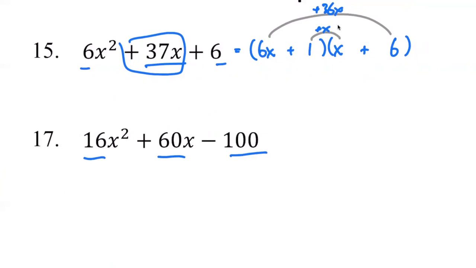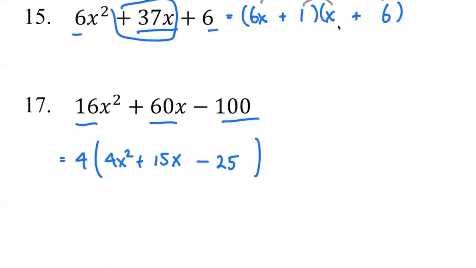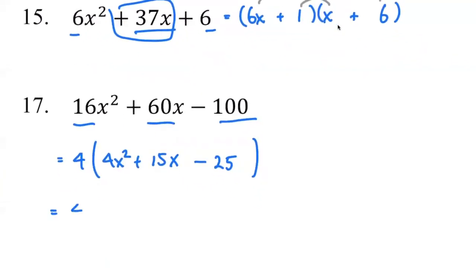I'm glad you see that, because we can factor that out first, and you always want to do it. Why? Because it makes the numbers a bit simpler, and when the numbers are simpler, your work is less. And we all love less work, right?